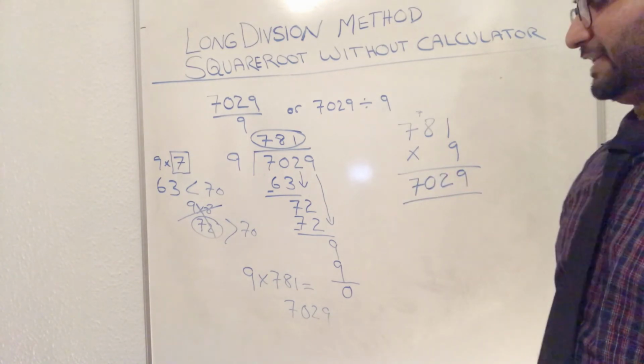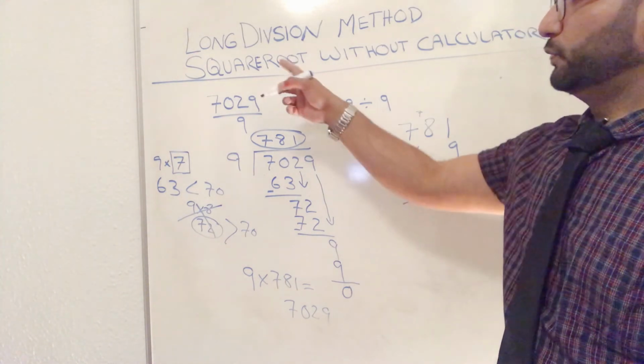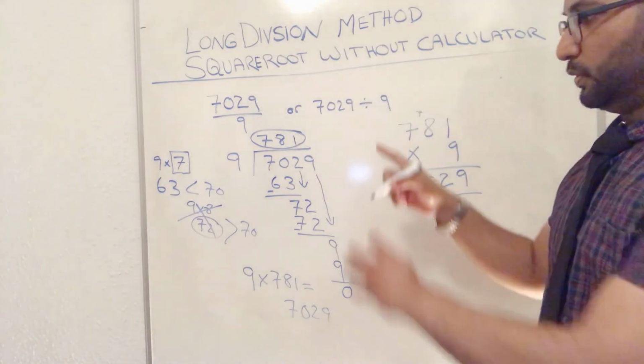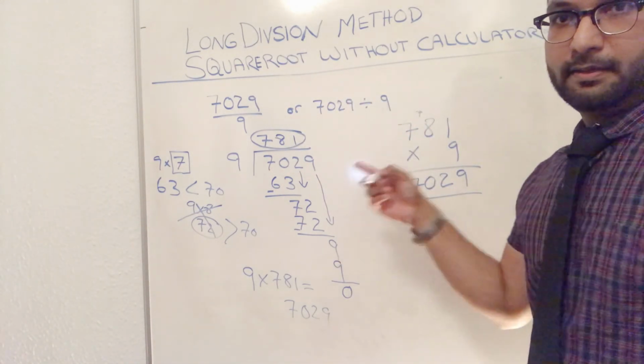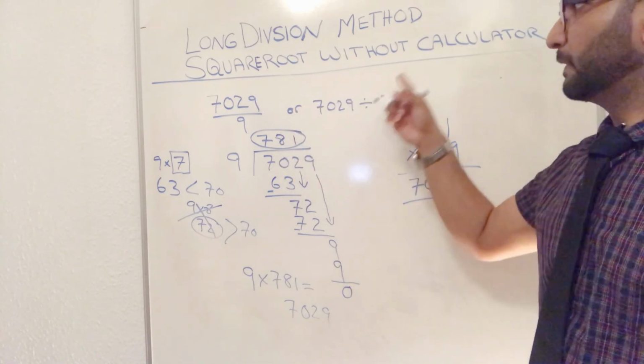So you can check your answer as well. Now we are going to solve square root without a calculator, because this is a very important part, long multiplication, to solve square root without a calculator.